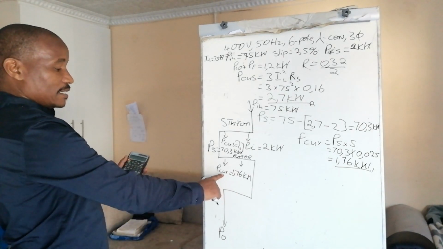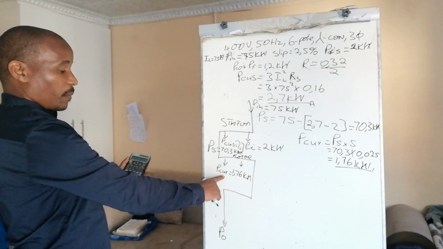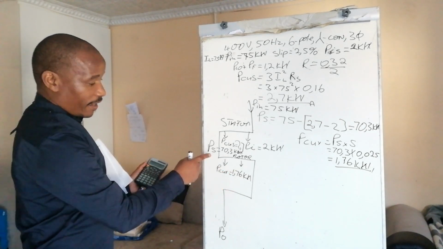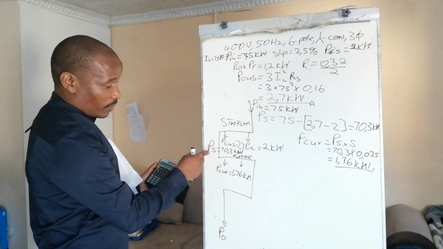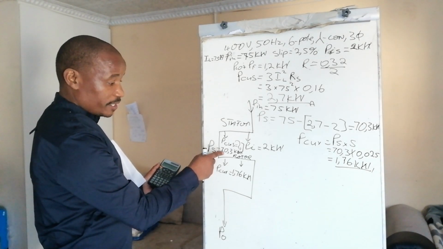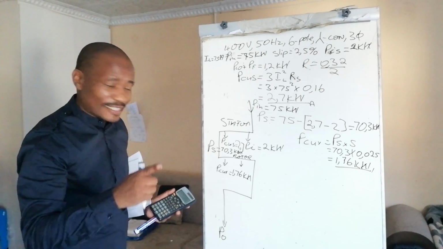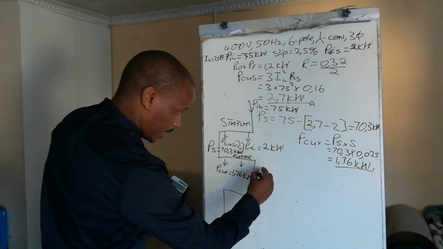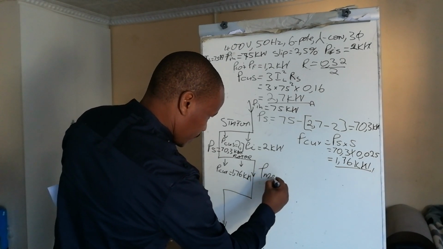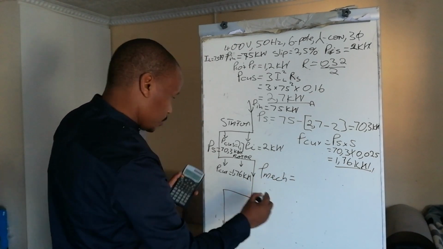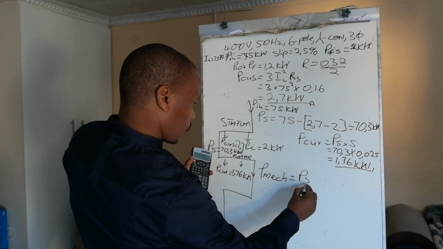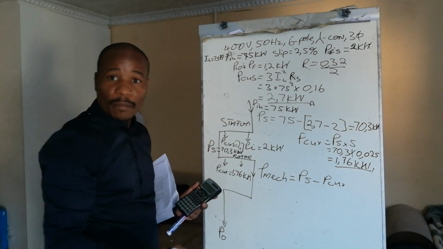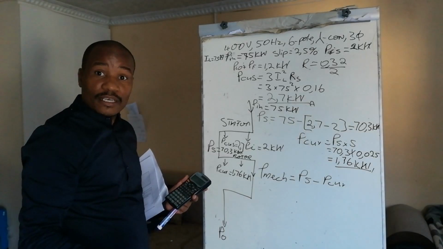If indeed the rotor copper losses is 1.76 kilowatts and our synchronous power is calculated as 70.3, then it should stand to reason that the mechanical power is equal to the synchronous power minus the rotor copper losses.